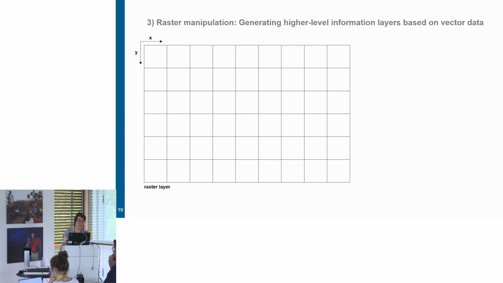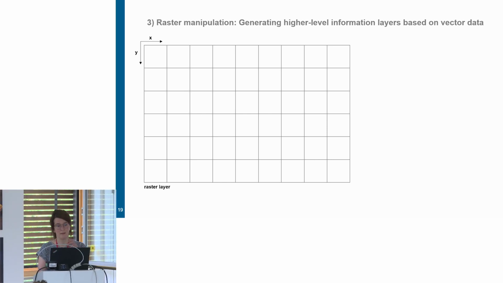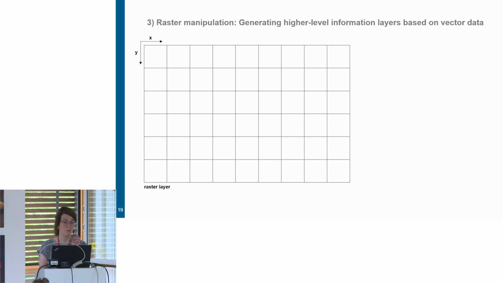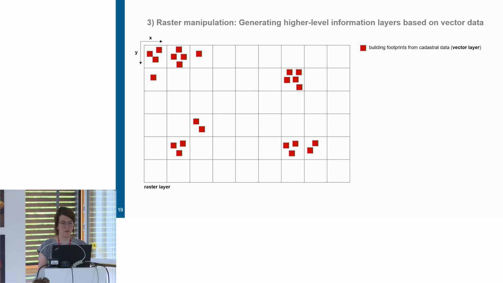Here you see a raster layer, or a blueprint of a raster layer. And let's imagine you have building footprints from cadastral data in vector format. Higher order information that you could calculate from that would be, for instance, the count of buildings per pixel. I just added some numbers to show it.